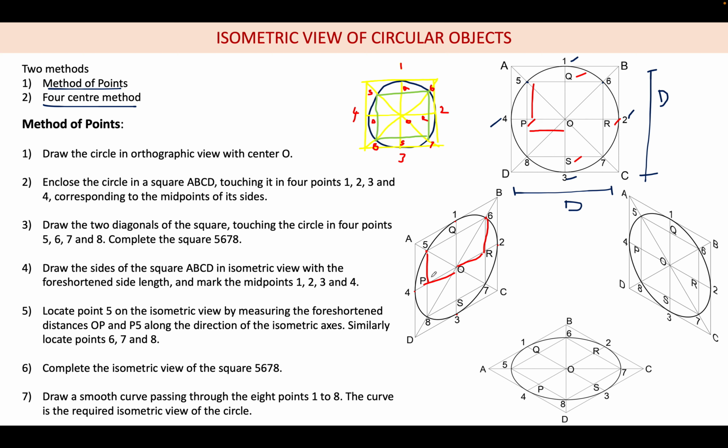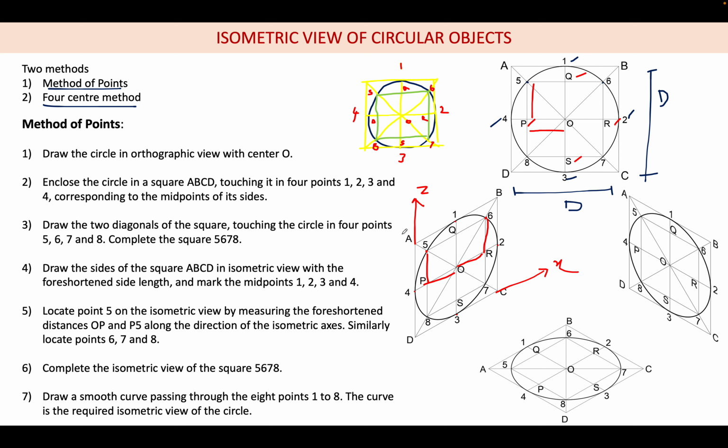Why we are doing this is because this PR will be horizontal. Whatever length along the horizontal, I am going to travel through this length only. I cannot travel like this. For example, I cannot measure O6 and mark it, because that is not possible.